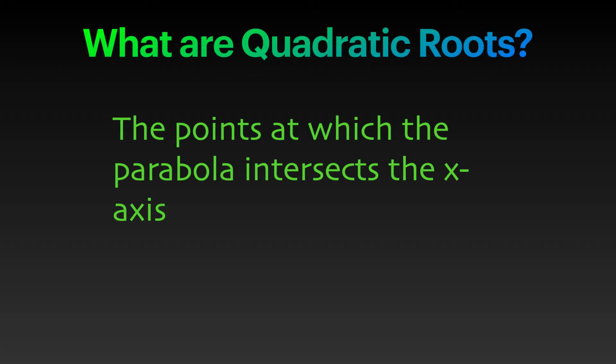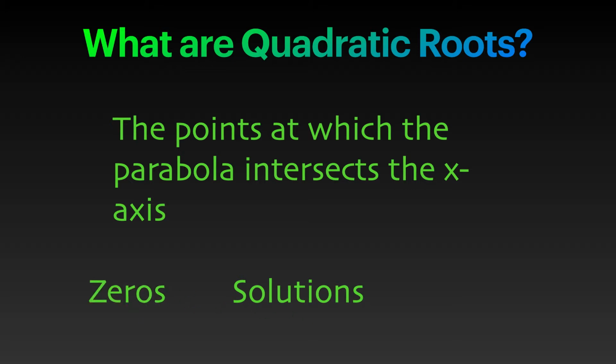Now what makes this a little tricky is that there are three other names besides roots that it could be called. One of the other names would be zeros. Another name is solutions. Another name is x-intercept. So if I said, find the solutions for me, you're going to be looking for the points at which the parabola intersects the x-axis.